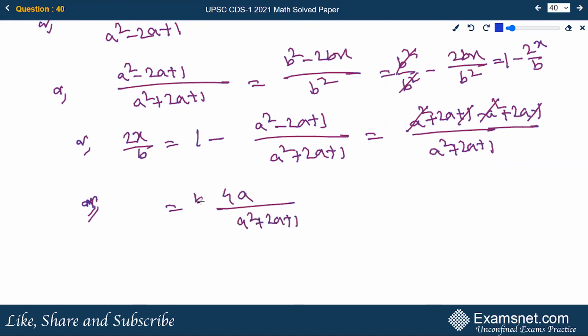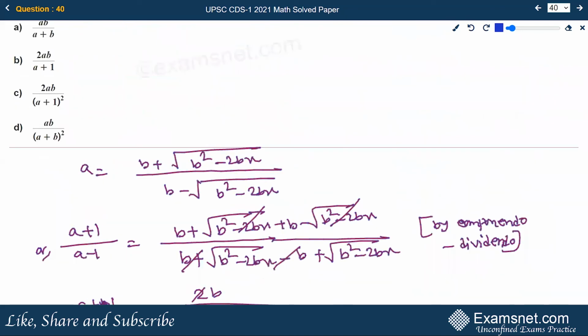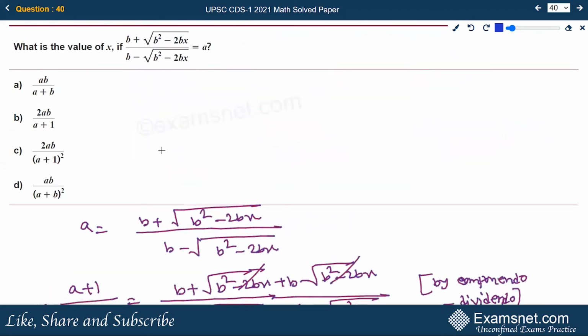Now x equals b by 2 multiplied by 4a by a square plus 2a plus 1. If I simplify it further, I will get 2ab by a plus 1 whole square. That is the value for x. 2ab by a plus 1 whole square. Option C is the correct answer here.